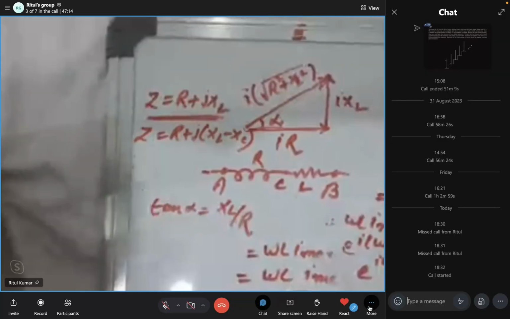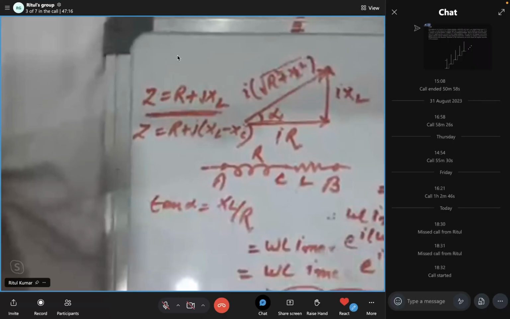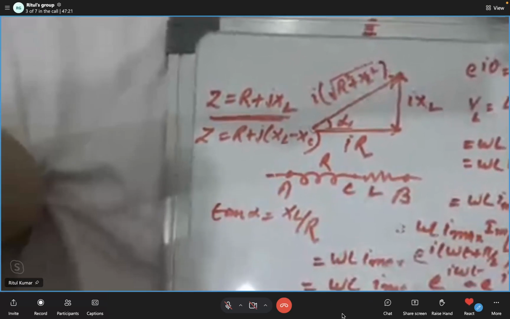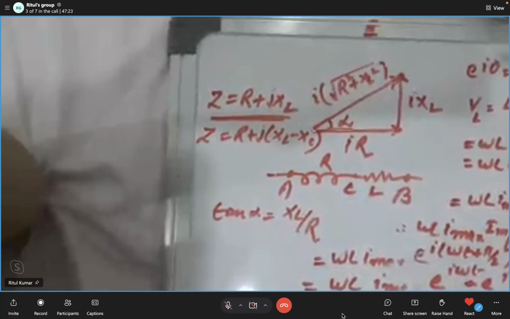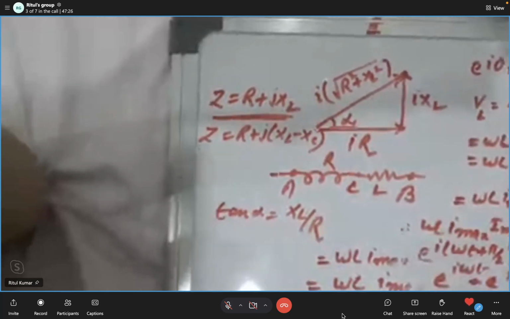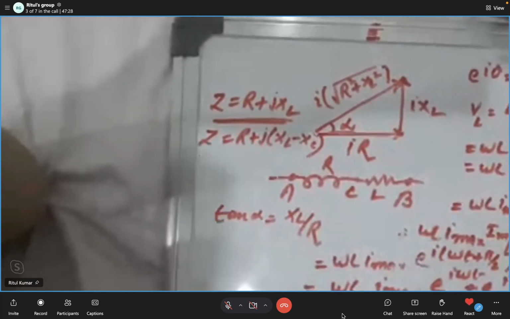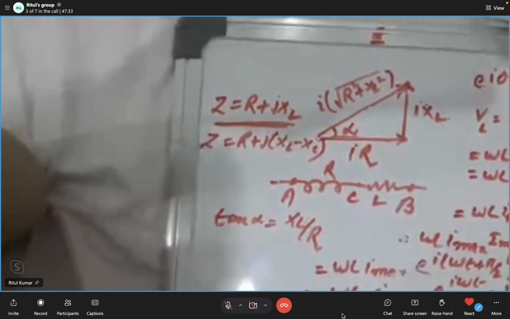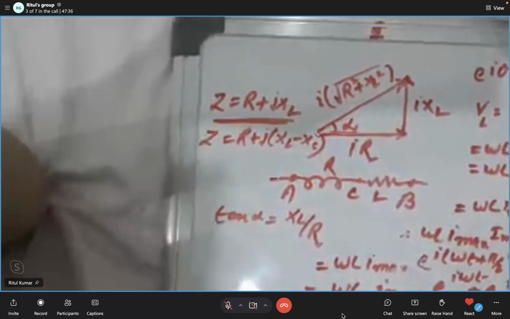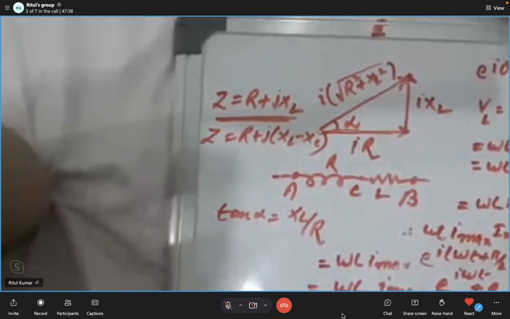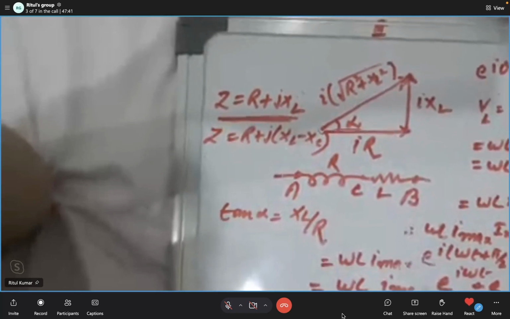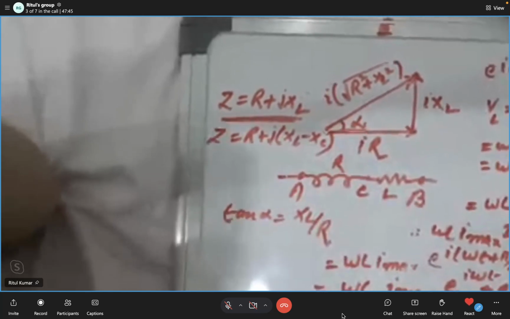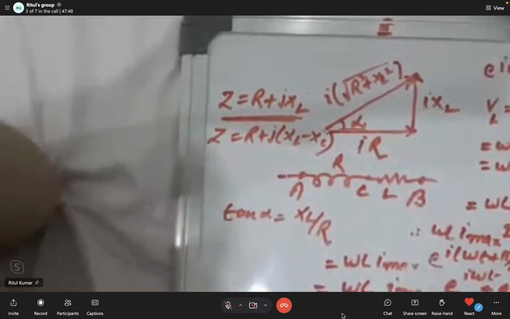You will be encountering an inductive circuit, not a leading capacitive circuit, because generally the electrical load, whichever you take, an AC, a fridge, a heater, is generally an inductive load. Anything which has a coil will be inductive in nature.